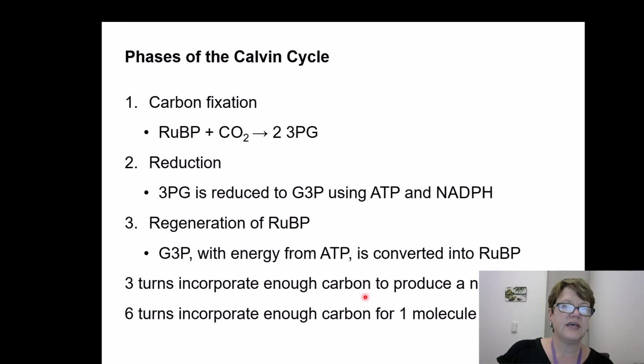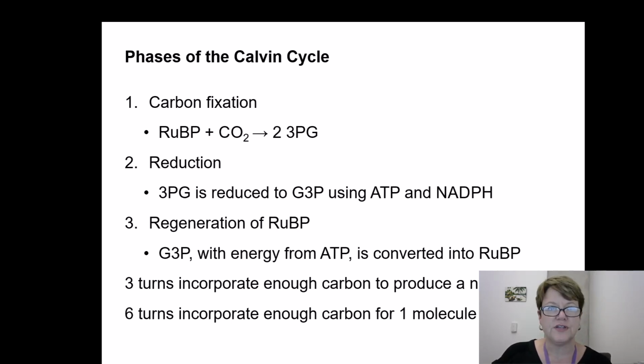With the Calvin cycle, you can't really consider just one turn of the cycle. You have to do it in multiples of 3. So we say 3 turns of the Calvin cycle will incorporate 3 carbon dioxides and produce 1 3-carbon sugar called G3P. I know G3P is almost the same as 3-PG, but it's called G3P, glyceraldehyde 3-phosphate.